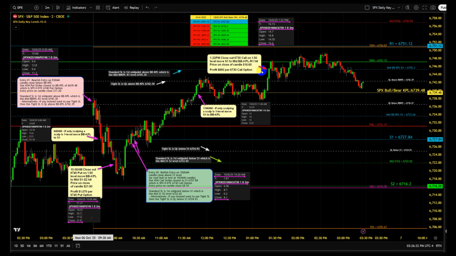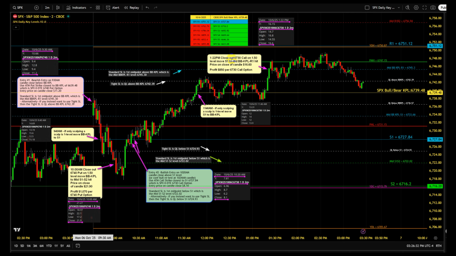However, unless we're scalping, we're really looking for at least a 1.5 level move. So at 1:22 p.m. we finally have the 1.5 level move, and again it's 1.5 levels because here's the S1. What's the next main level above this level? That's one level, and then a half level above that, that's 1.5 levels from the level the entry was derived from.